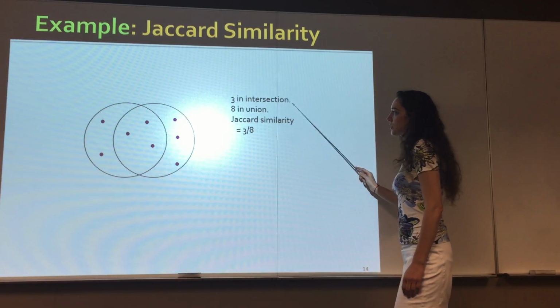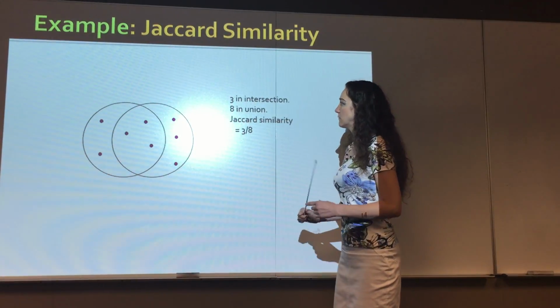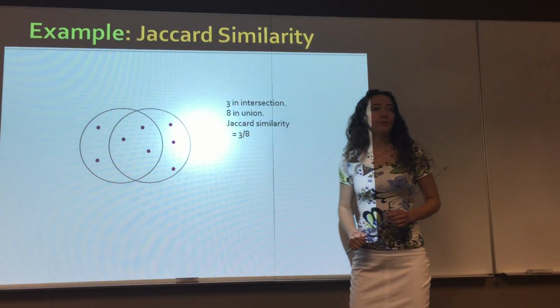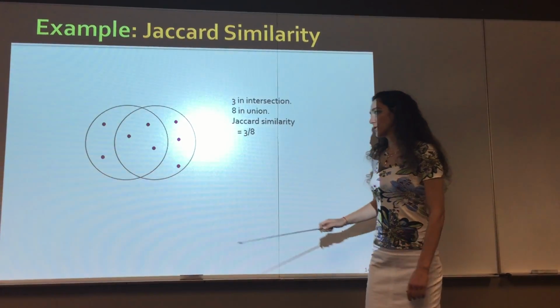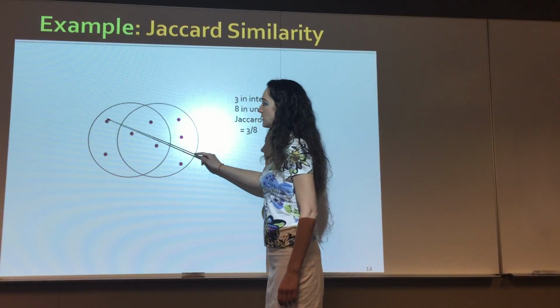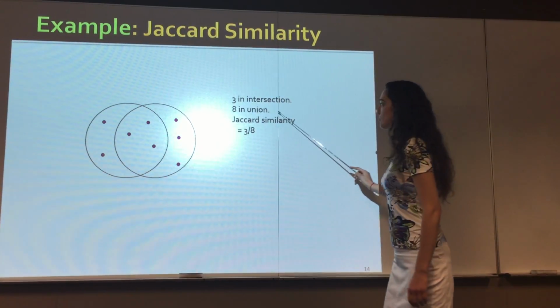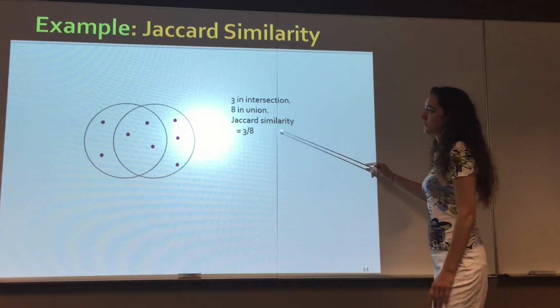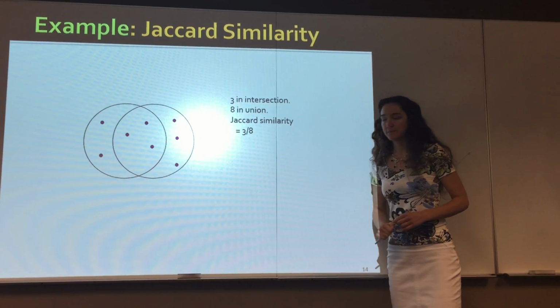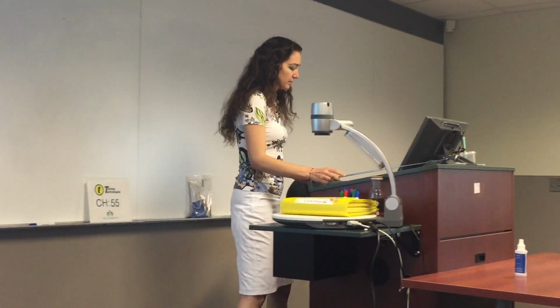So 3 is the intersection. The number of elements that are in either one or the other set is all of them: 1, 2, 3, 4, 5, 6, 7, 8. That's the union. So the Jaccard similarity between these sets will be 3 over 8, according to that formula.